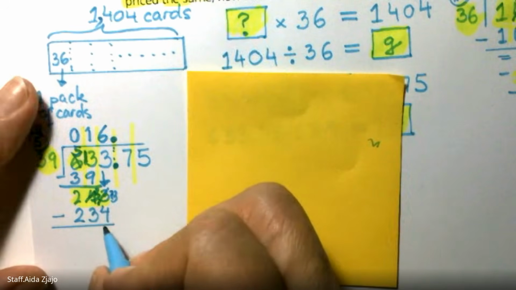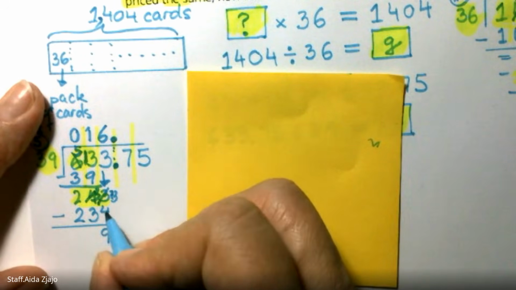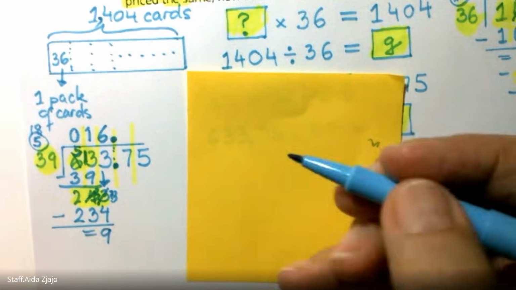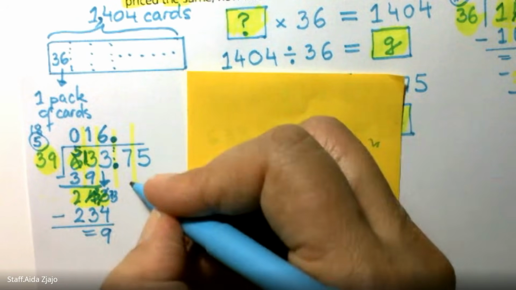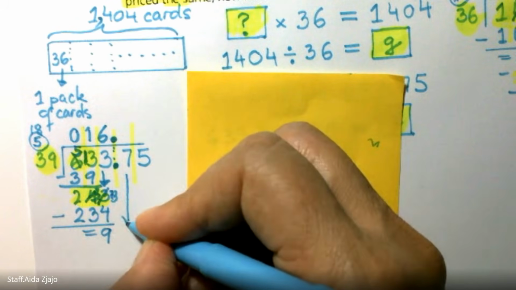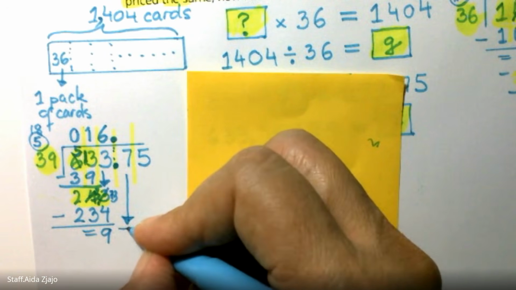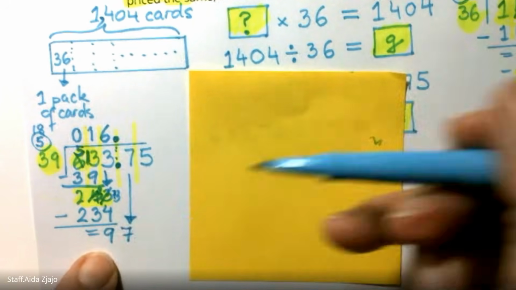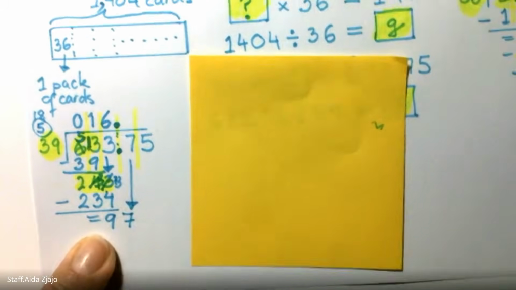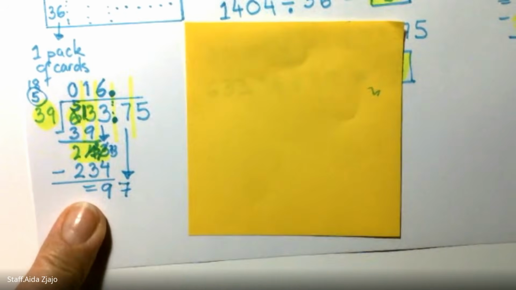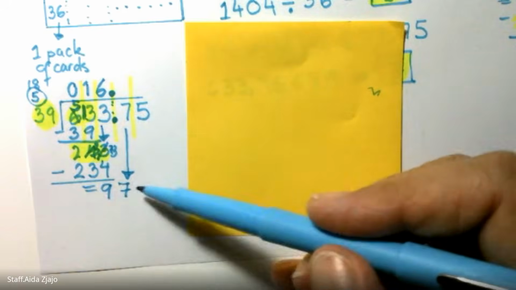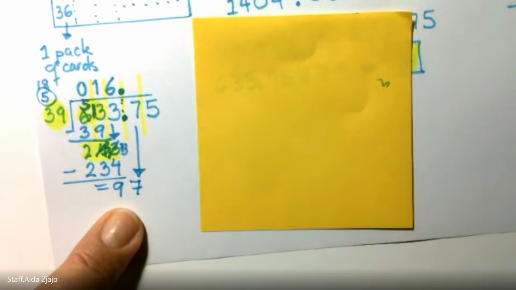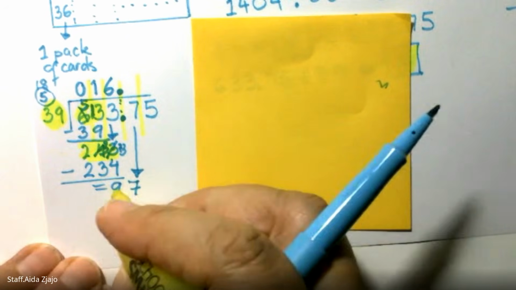And that is 9, because 9 plus 4 is 13. And that is left over. But we are not done, because we have these tens to bring. So what is happening here logically is you have leftover $9, and then you're going to change it into 97 tenths or dimes. Now, how many groups of 39 are in 97?